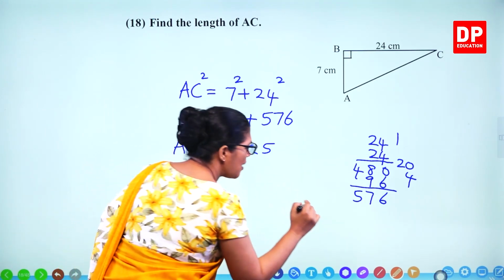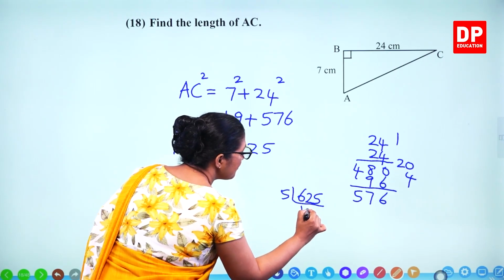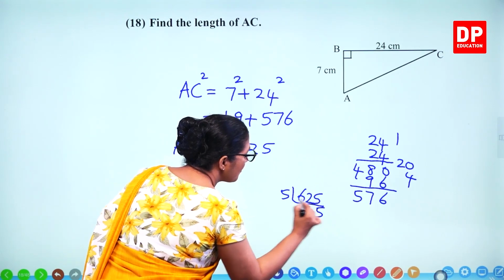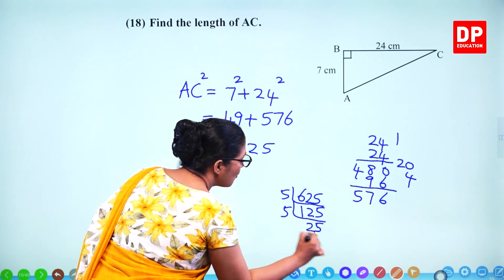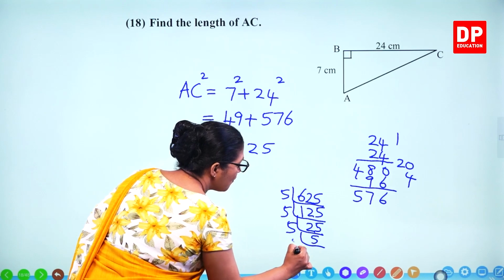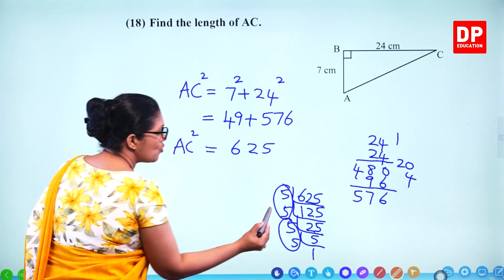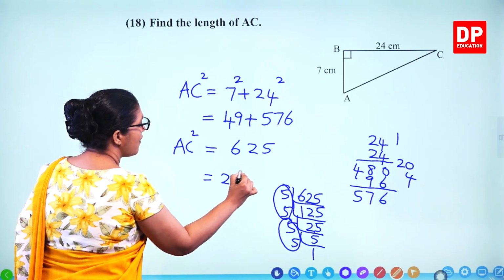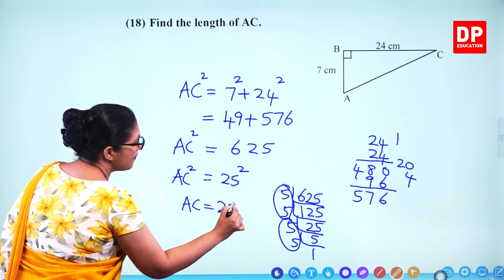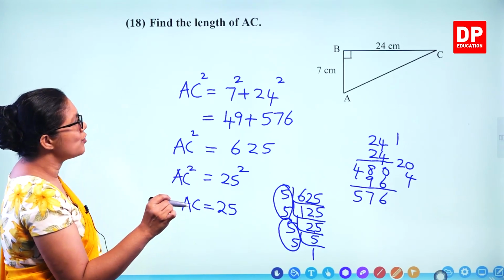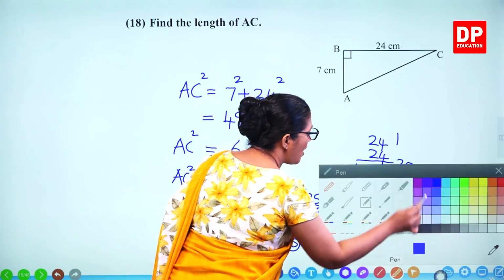Can you remember 25 times 25? If you can't remember, you can divide by 5 again and again. So AC squared is 25 squared. So what's the AC value? When you take the square root of both sides, you get 25. This is in centimeters. So 2 marks for that.